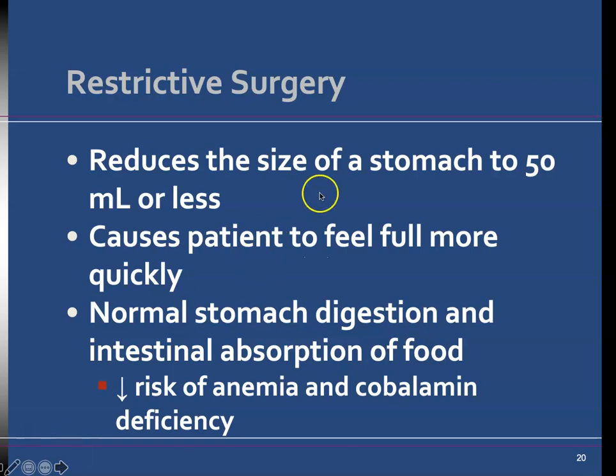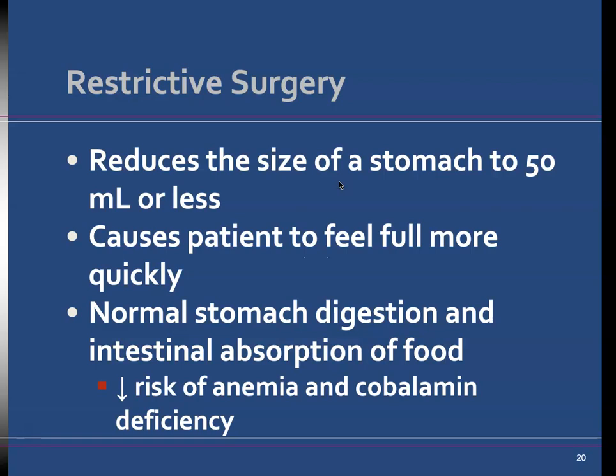Restrictive surgeries basically reduce the size of the stomach to 50 ml or less. This causes the patient to feel full more quickly, and so that reduces the amount of intake, and therefore reduces the amount that gets absorbed. So there is normal stomach digestion and intestinal absorption of food, and decreased risk of anemia and cobalamin deficiency.